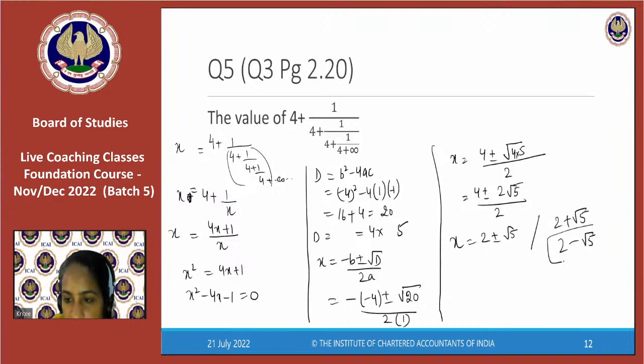But your textbook is referring to 2 plus root 5. Why? Because if you see the expression, 4 plus everything is being added till infinity.